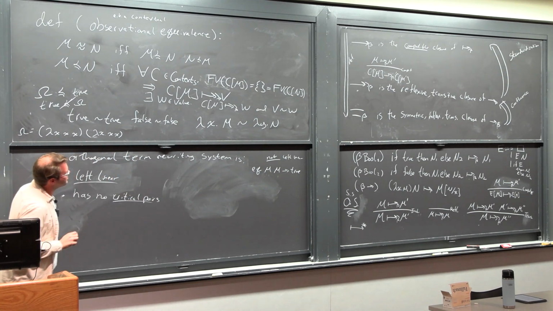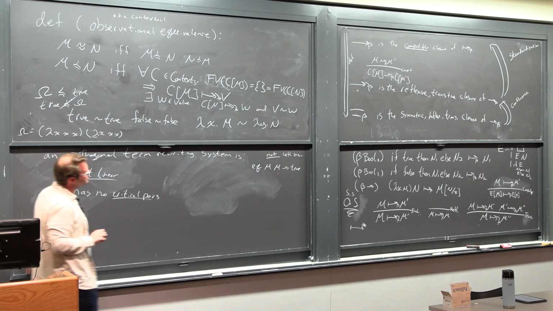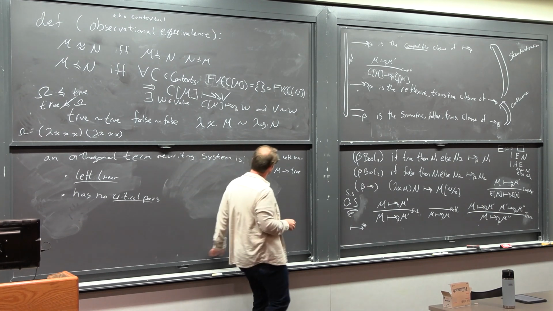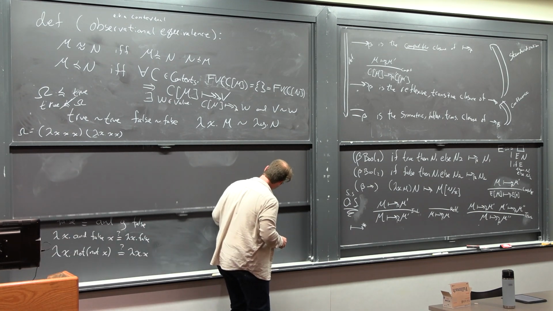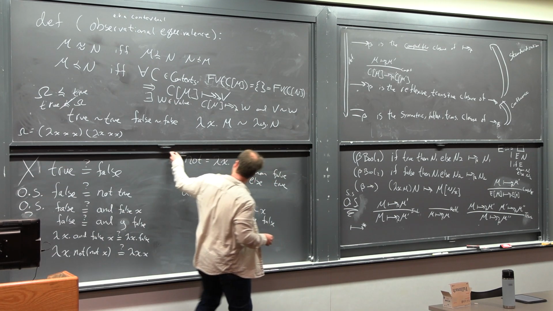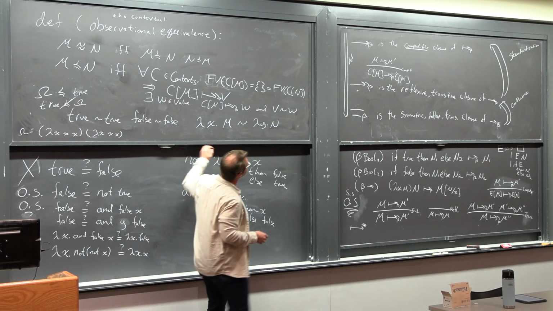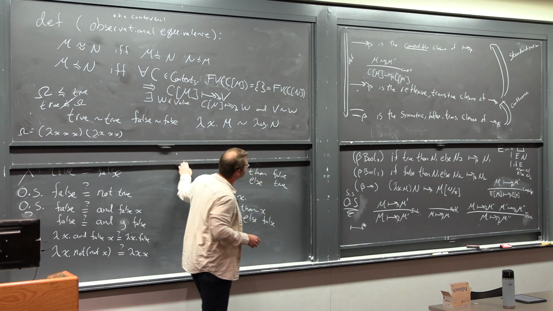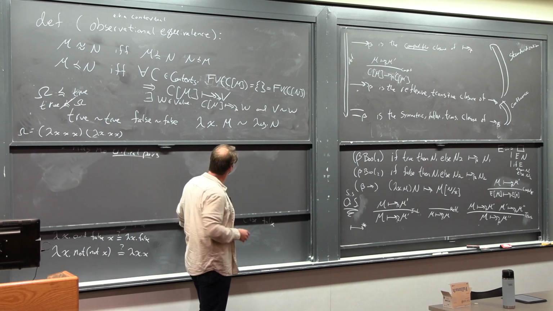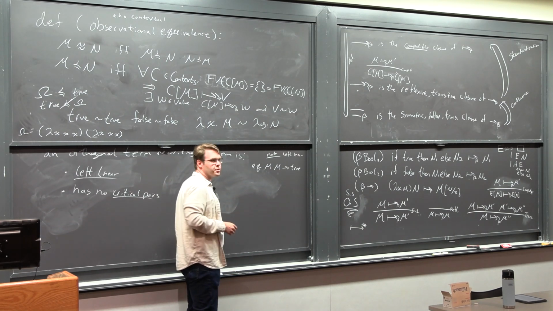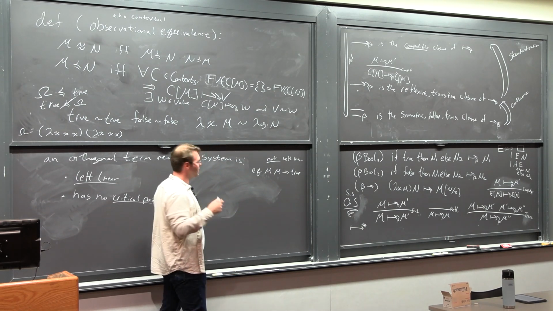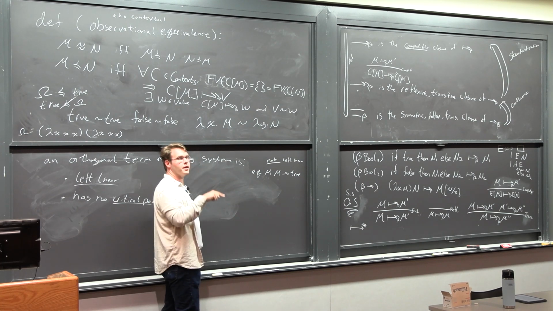So this is still an examination of the rules, but what does a critical pair mean? When we do reductions in a tree, there's basically three things that could happen if I have two separate reductions.